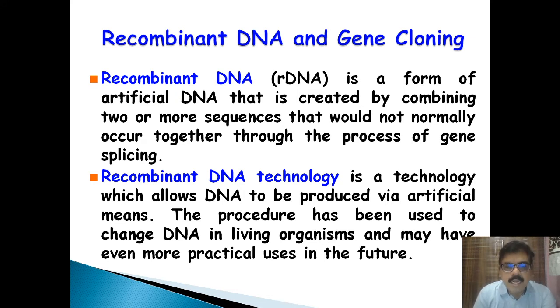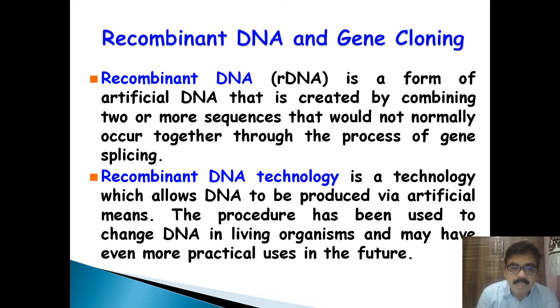And what is negative eugenics? If any individual has lethal genes, or the genes are missing, or there is a mutation in the genes, the correction of these genes to the normal one we call negative eugenics.